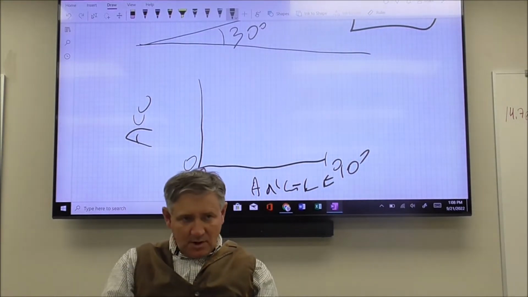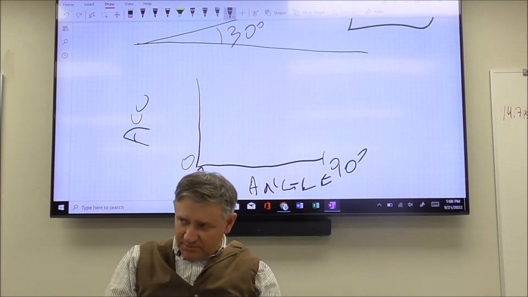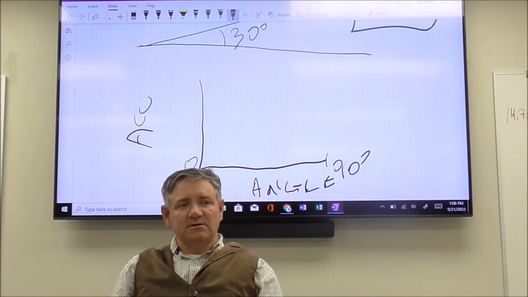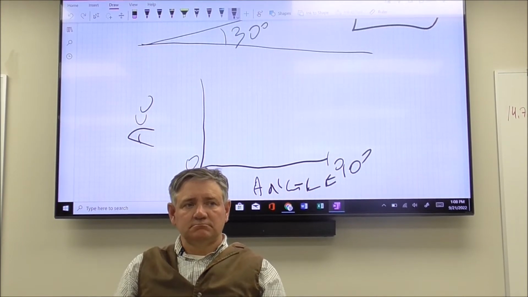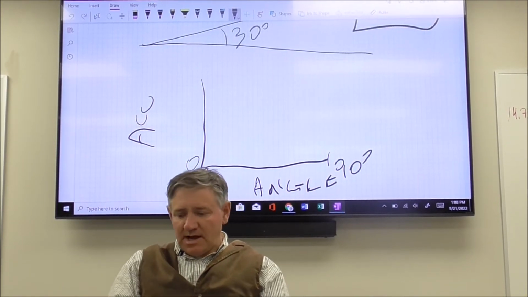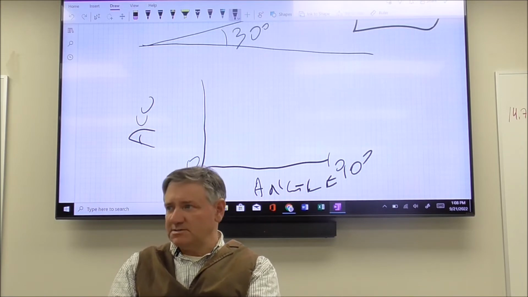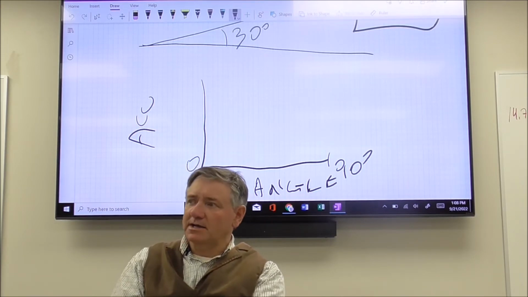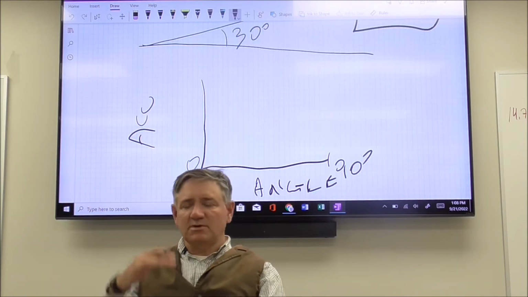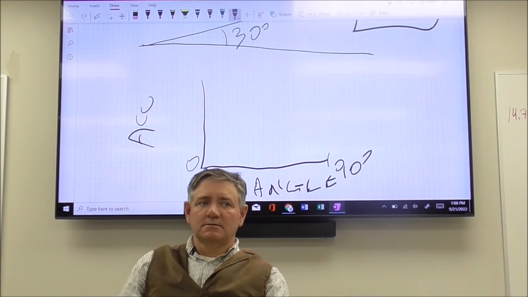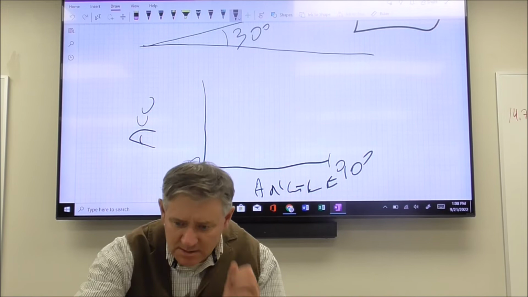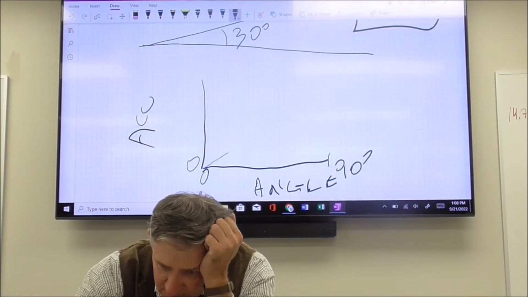If this is 0, what's my acceleration going to be? 0. Now, if I lift this up a little bit, I get an acceleration. I lift it up higher, I get more acceleration. So what's that graph going to look like? Straight sloping. It's going to go something like this.